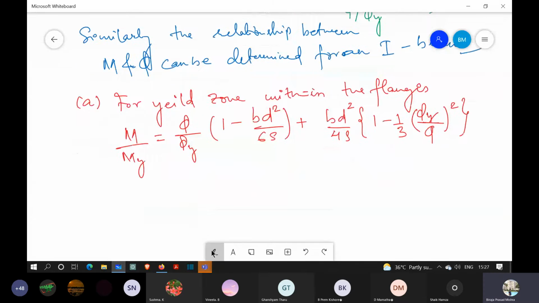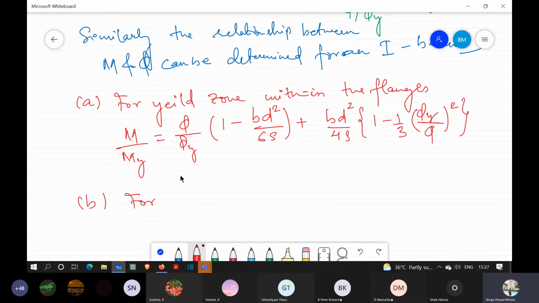Okay, next case is for yield zone extending into the web. Into the web means into the web of I section.